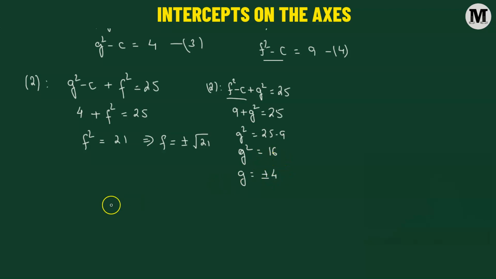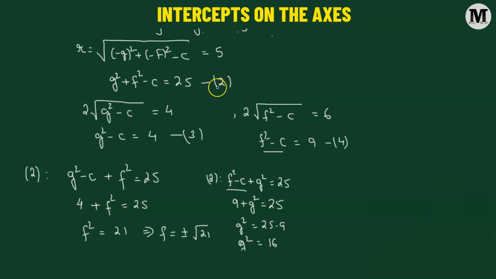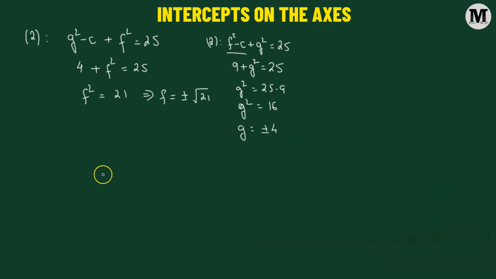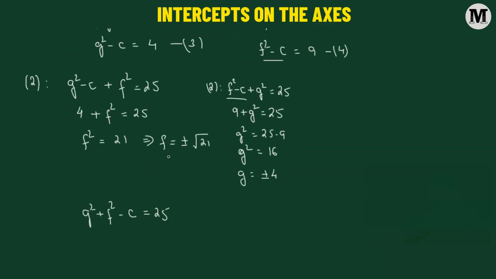Now we are ready to find the value of c, because we have already mentioned that the radius is 5 units. According to equation number 2, g squared plus f squared minus c equals 25. Let's add equation number 3 with equation number 4.